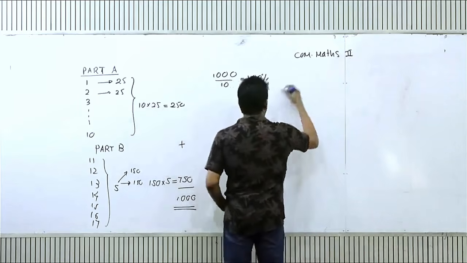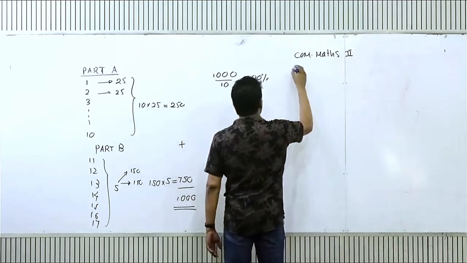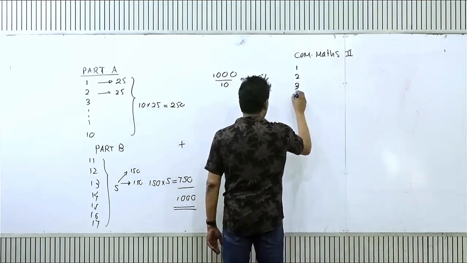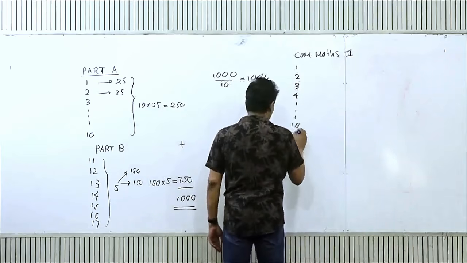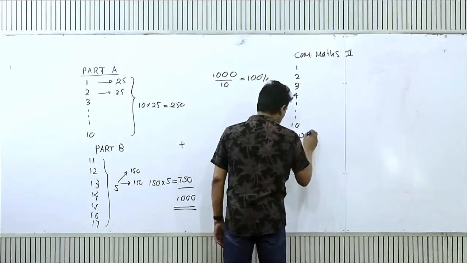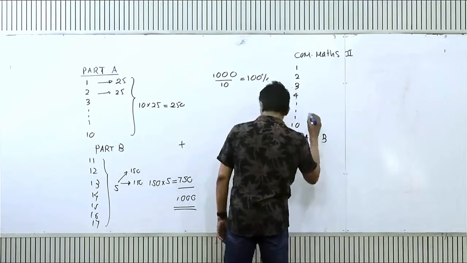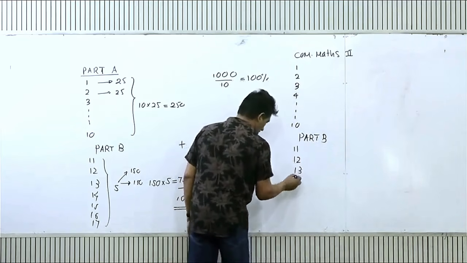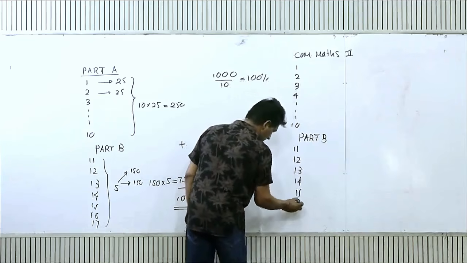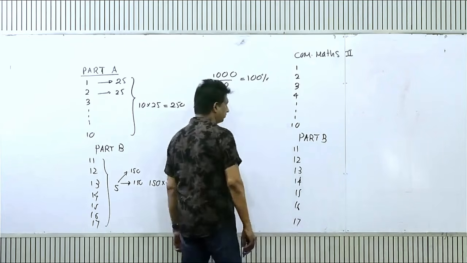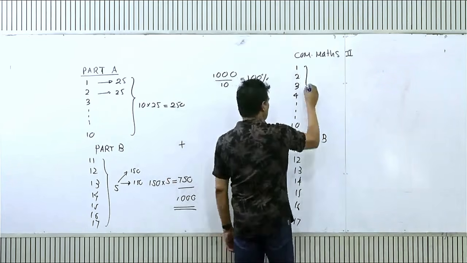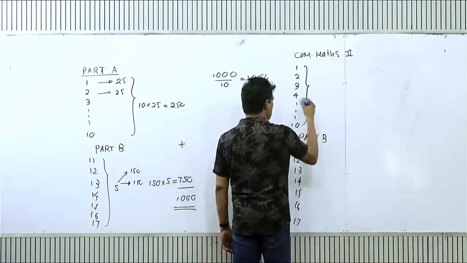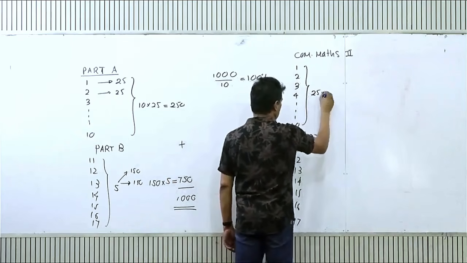In the same way, in part A there are 10 short questions. Under part B there are 7 essay questions. And here also these 10 short questions are compulsory.